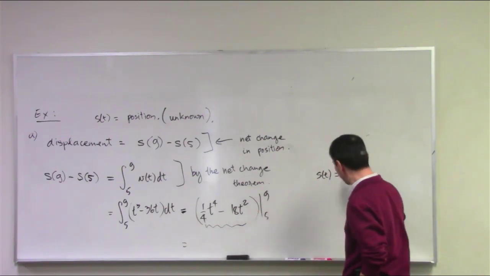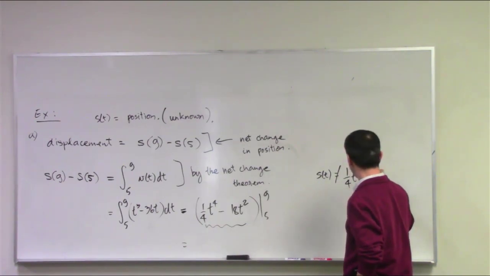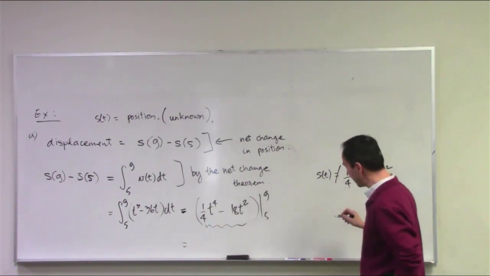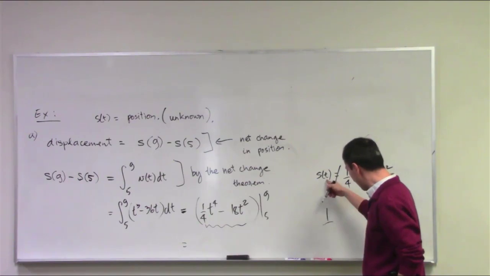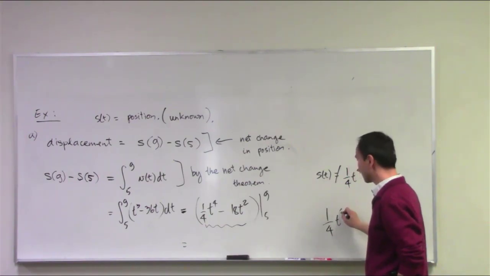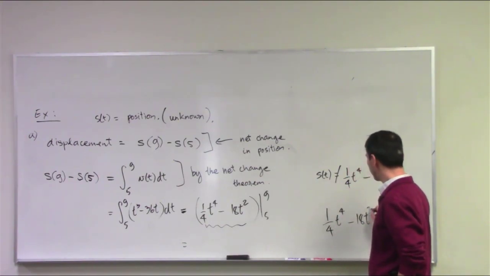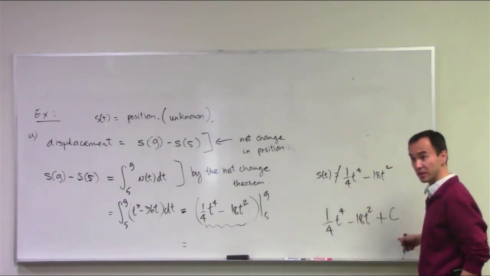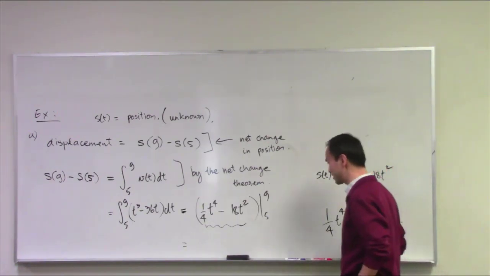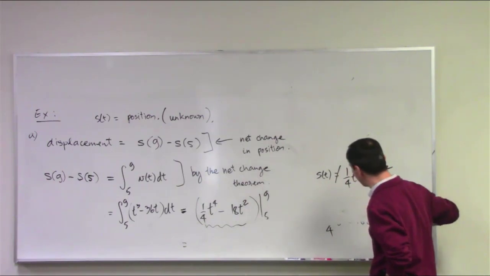It's not really equal to 1/4 t to the 4th minus 18t squared, because the actual one could be some of that plus some constant. See what I'm saying? It could be different. So it's not necessary to find the actual position function.